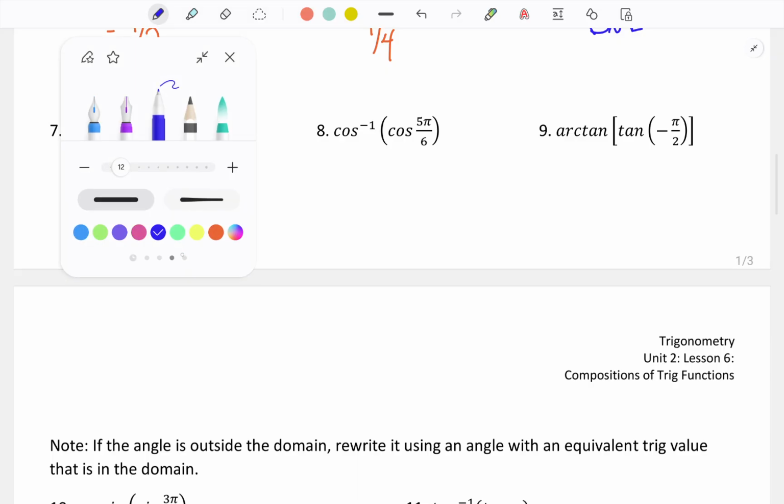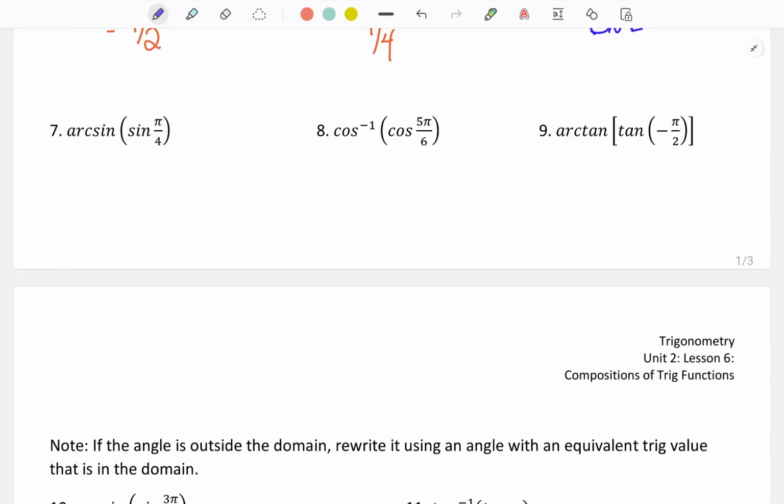And then on number 7, we are switching this around, so we have the arcsine of sine. This has to be between -π/2 less than or equal to x, which is less than or equal to π/2.